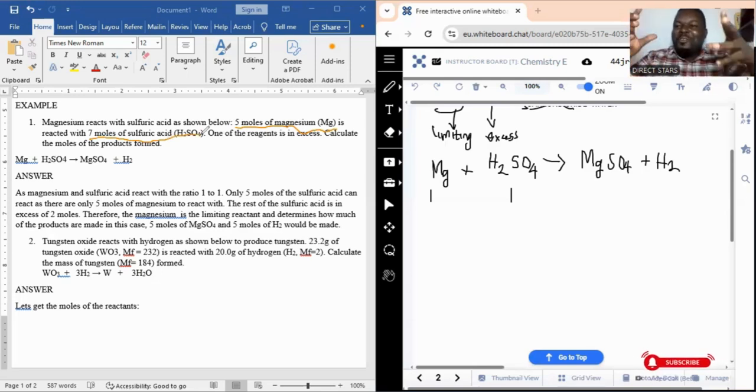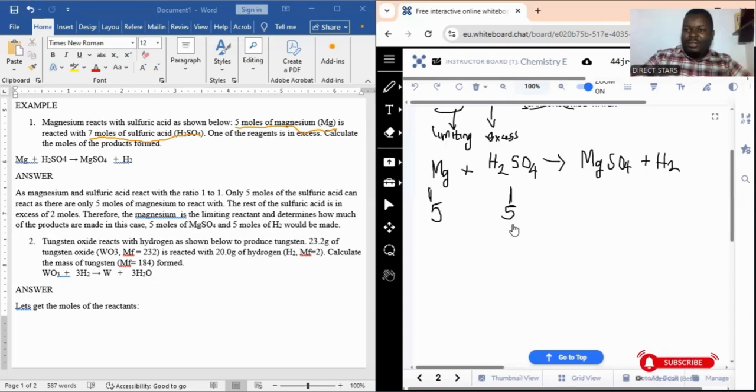Now let's determine which of them is in excess. Remember, from this equation, we have 1 mole of magnesium requiring just 1 mole of sulfuric acid, which means 5 moles of magnesium should require 5 moles of acid. But in the question, 7 moles of sulfuric acid was used.